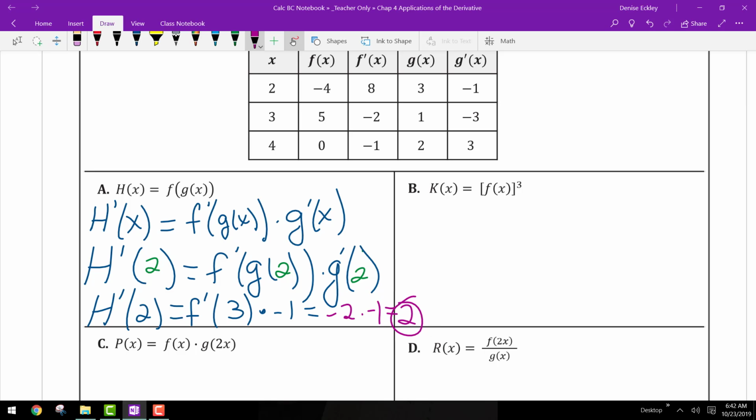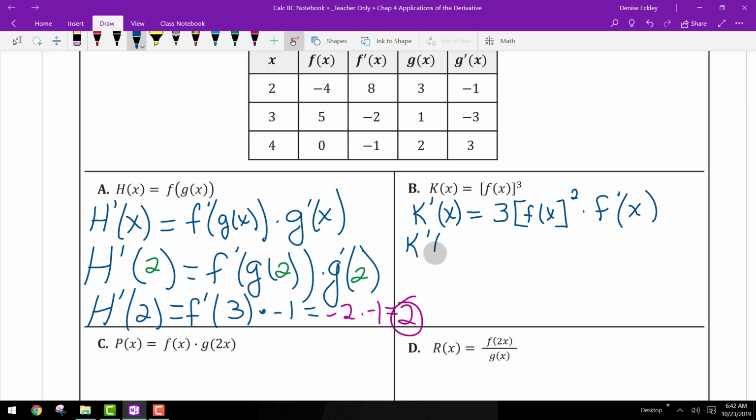Okay, part B says we're going to cube f, so we first want to find the derivative. So k prime of x is going to be, we're going to use the power rule with the chain rule, so we're going to bring the power down, lower the power by 1, and then find the derivative of f.